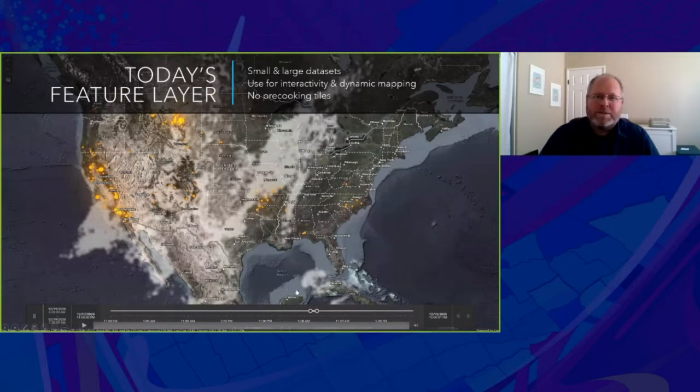Feature layers are very flexible. They can be used for interactive applications like Anne showed in her plenary demo, or Christian, or dynamic thematic mapping, or just to know what's going on. They're extremely powerful and we've optimized performance greatly.